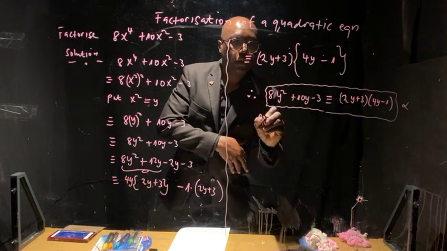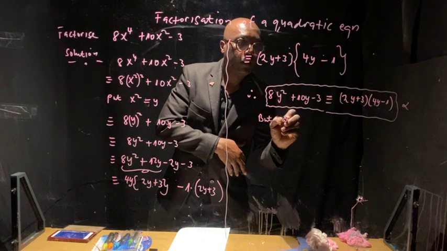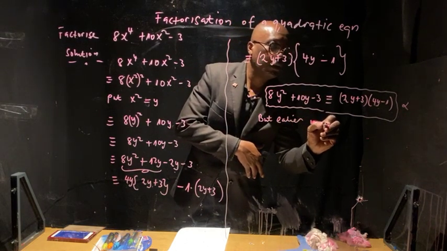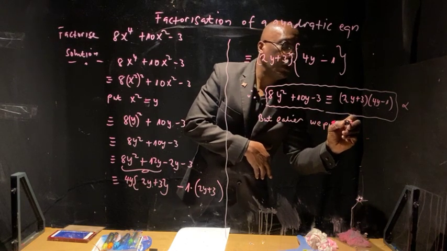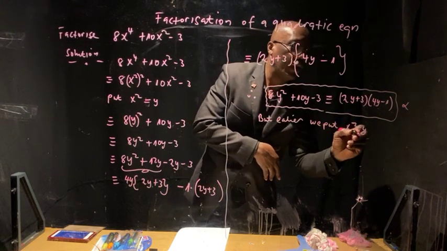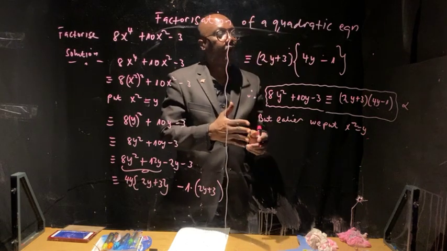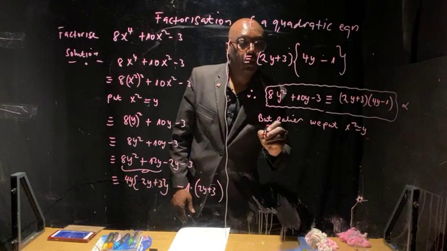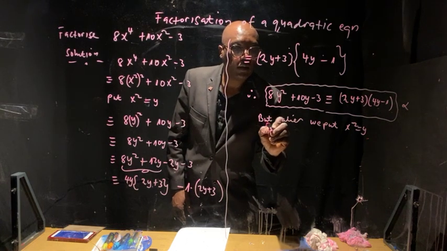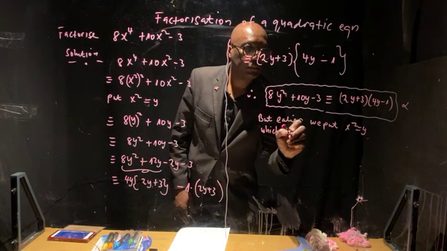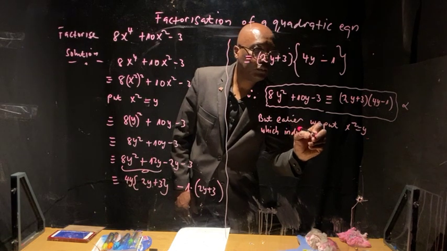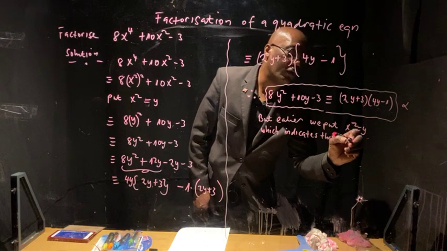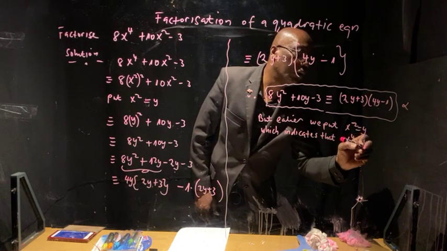But earlier we put x squared equals to y, which indicates that x raised to the power 4 will be y squared.